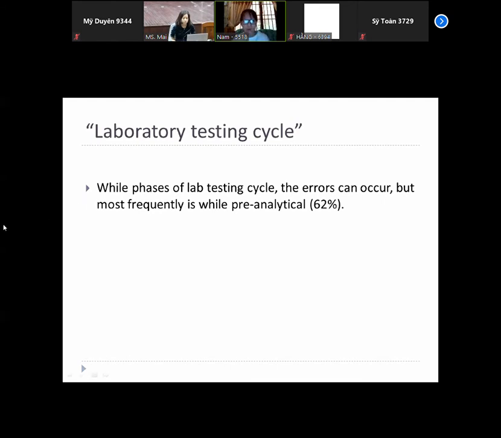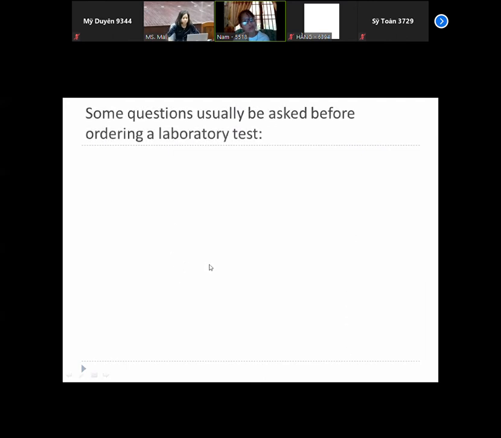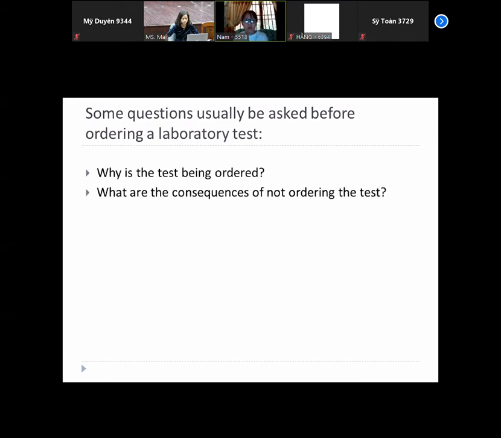So next, I will go through some questions usually asked before ordering a laboratory test. Why is the test being ordered? What are the consequences of not ordering the test? How good is the test in discriminating between health versus disease?